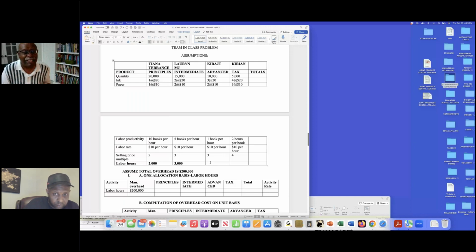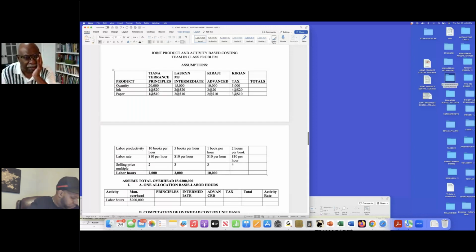You have to make 10,000 books, and it takes you an hour to make a book. So you're going to have to put in 10,000 hours to get your books made. Just think about it. Kirian, you have 5,000 books to make. It's going to take 2 hours per book. So how many hours is it going to take you?